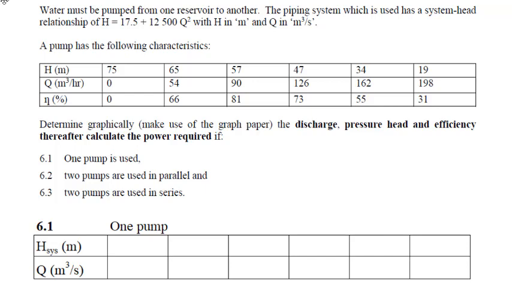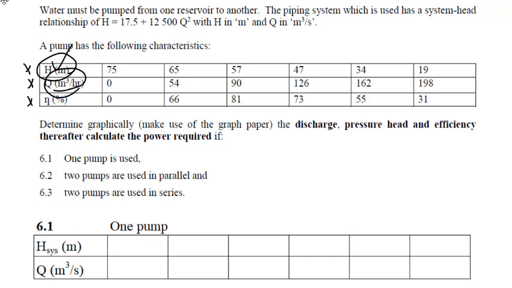If we go on further, it tells us a pump has the following characteristics. Here they give us H, Q, and the efficiency. The one we'll have to convert: H is in meters, which is fine.